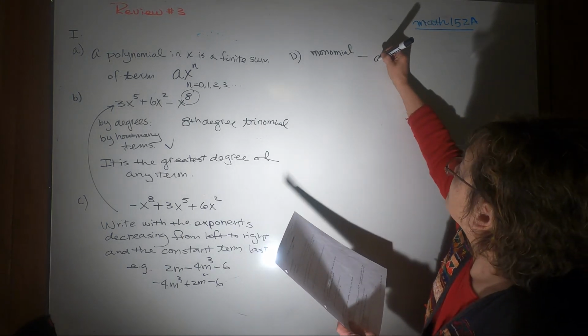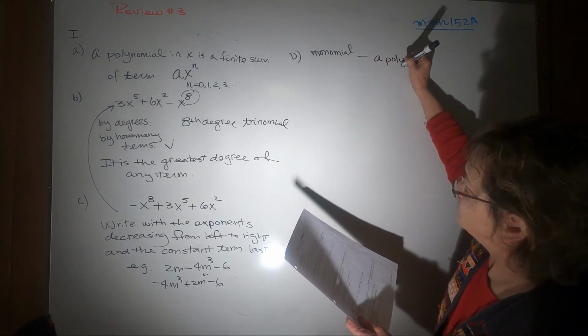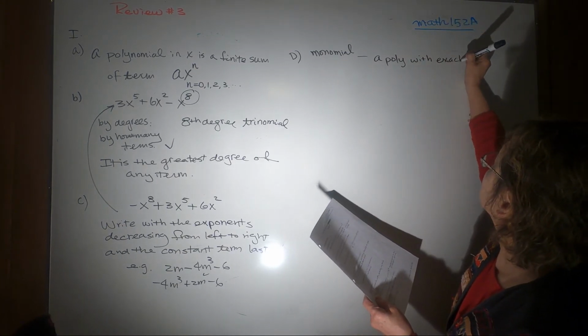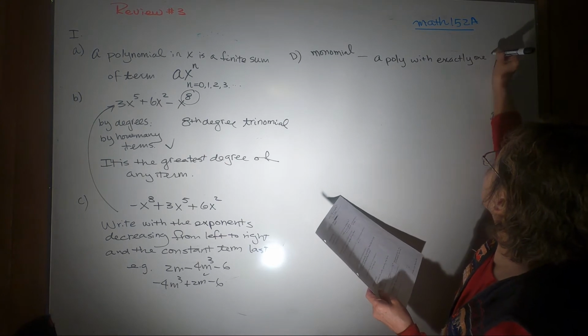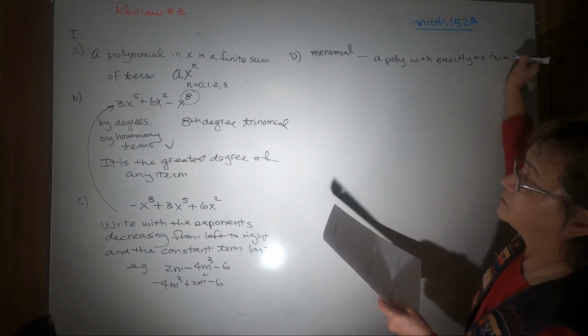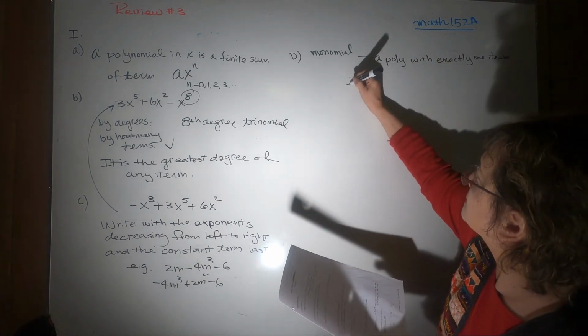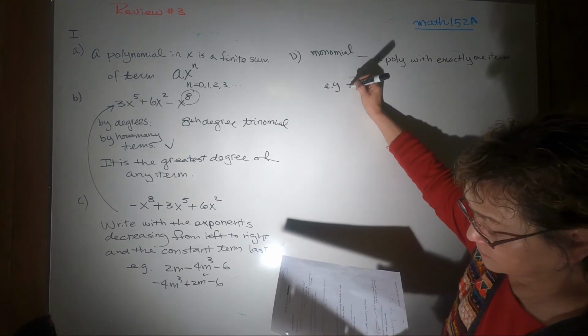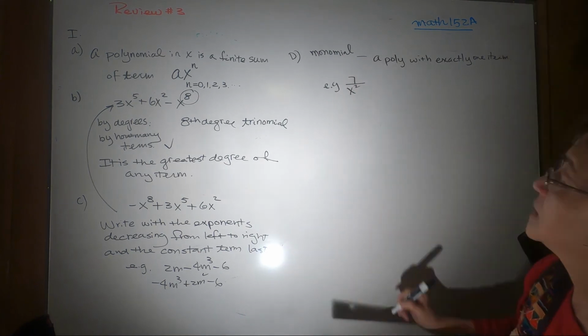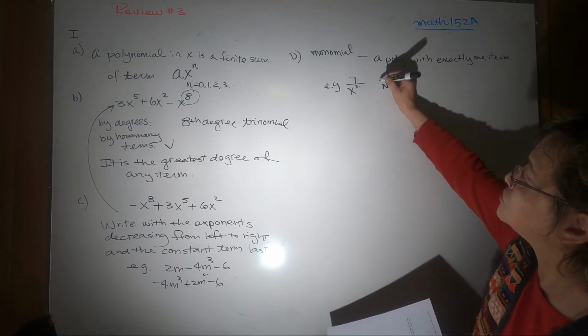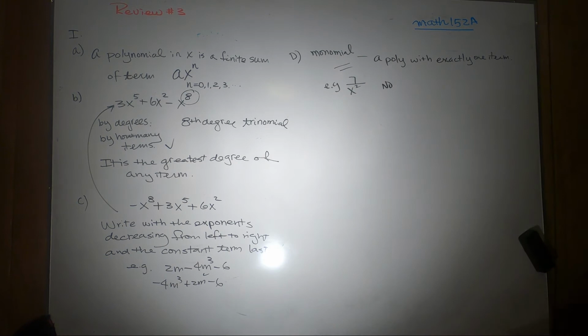So it means a polynomial with exactly one term, right? So like this one, one term. Do we call it a monomial? No, because monomial is one kind of polynomial, right?